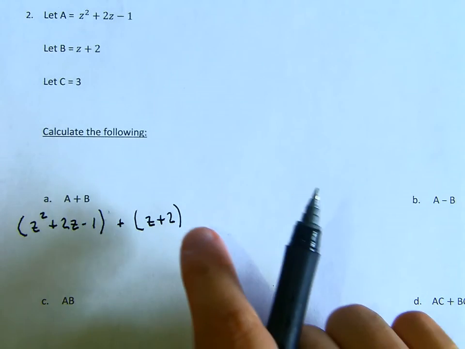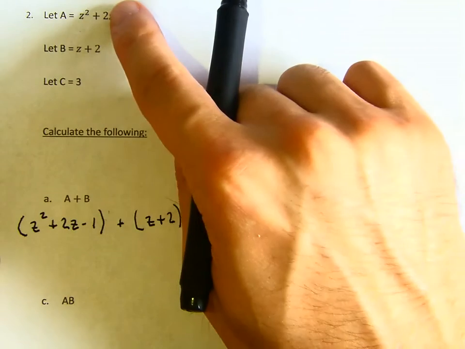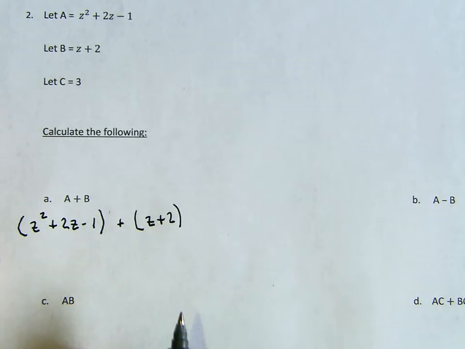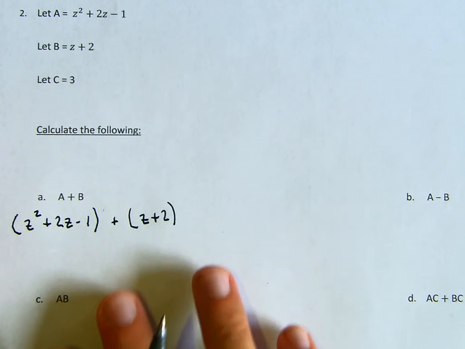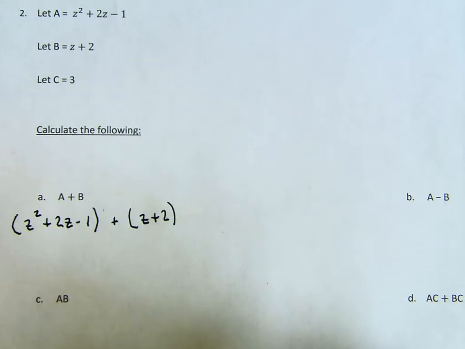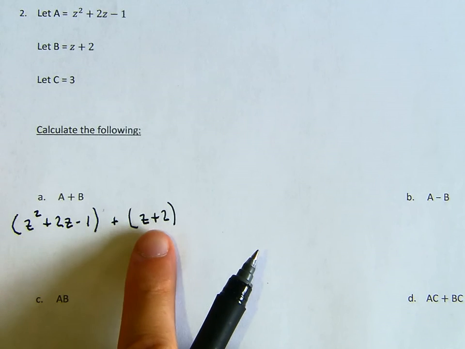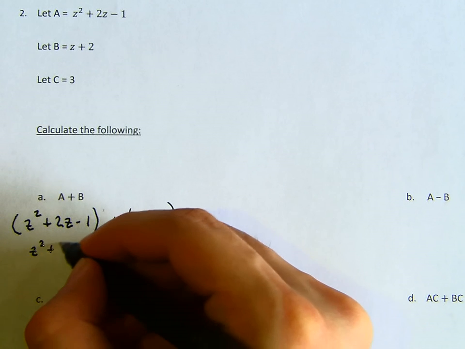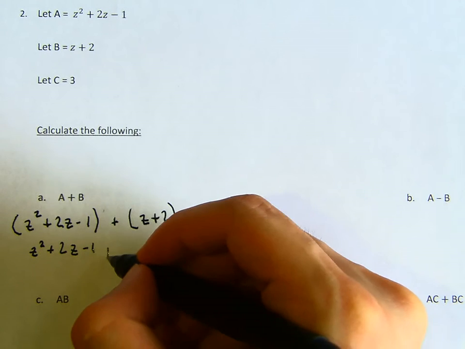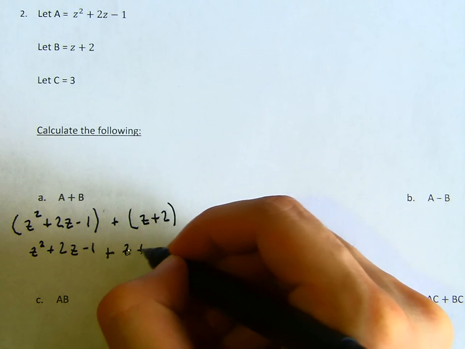And that's all you have to do, is try and substitute these values of A, B, and C into the equations. I'm sorry, not the equations, into the algebraic expressions and try and simplify them. So how would you simplify something like this? Notice that this just stays as z squared plus 2z minus 1 plus z plus 2.